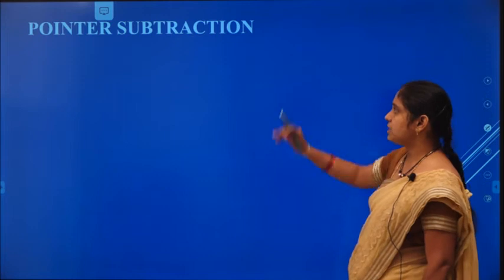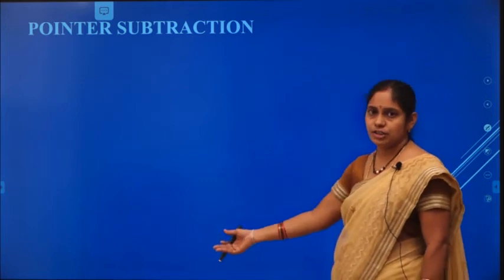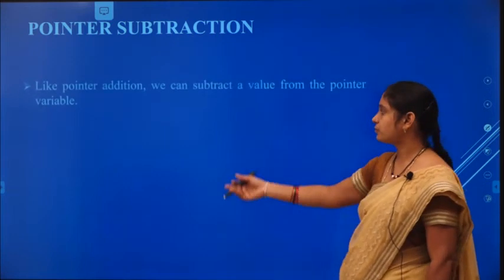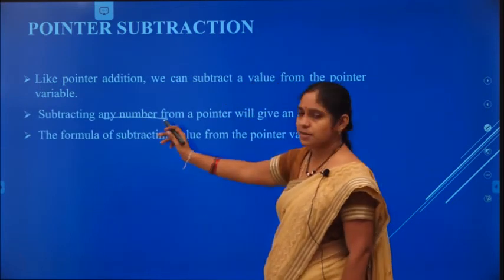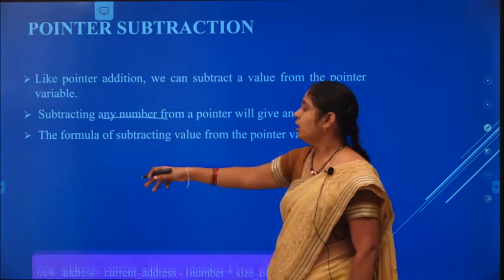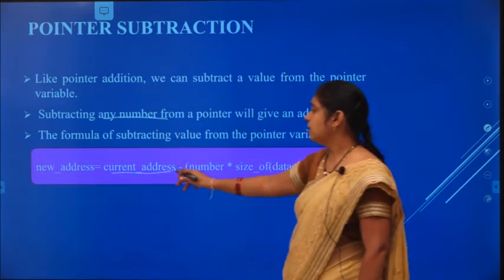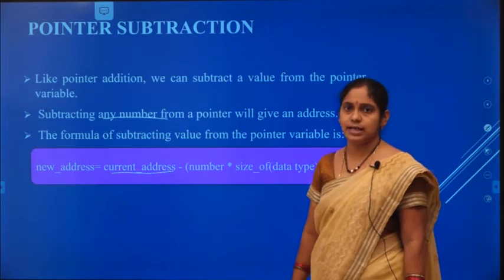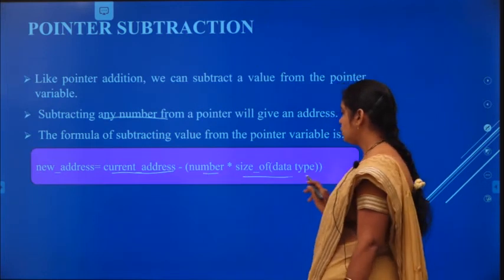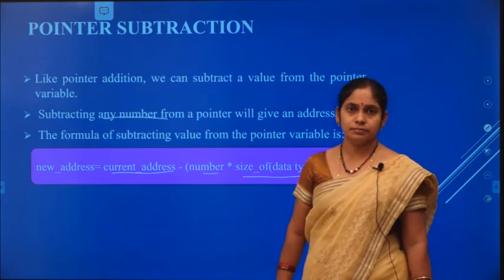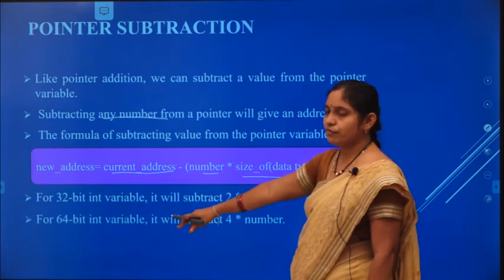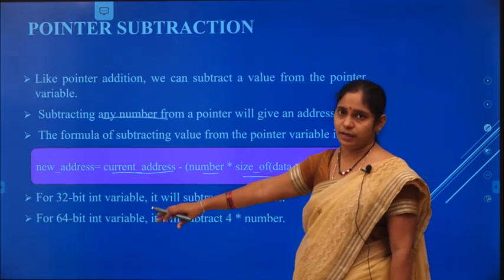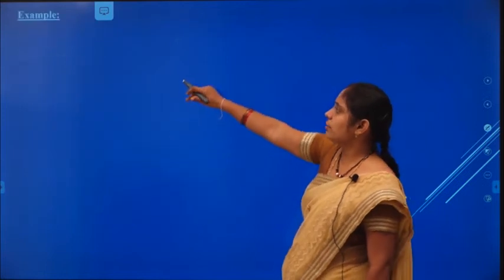Now see subtraction. Like addition, here we have subtraction. Here we can subtract a number of times like a decrement, and the formula is current address minus number into size of the data type. For 32-bit and for 64-bit the size of the data type will be different. Now see the example.